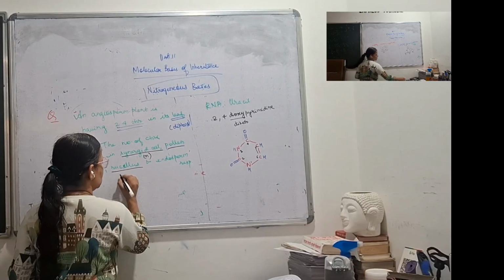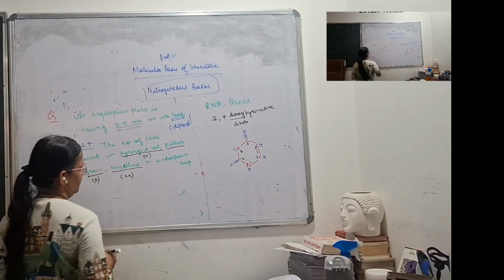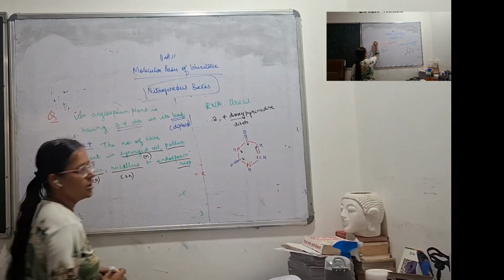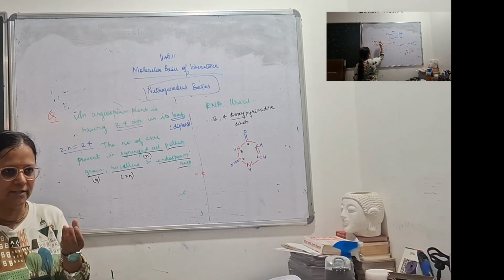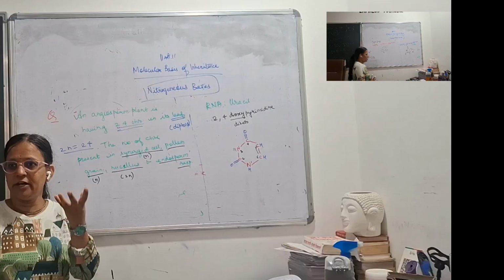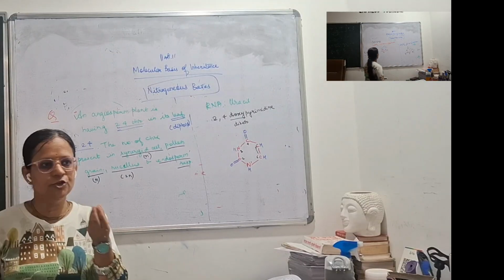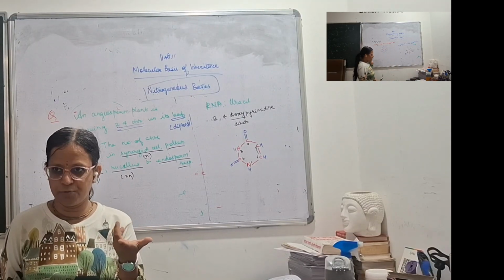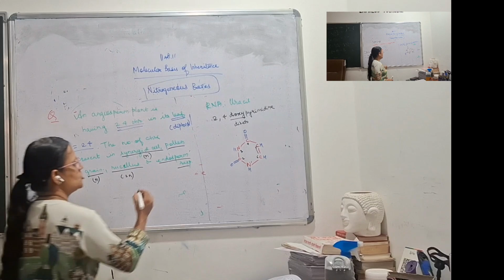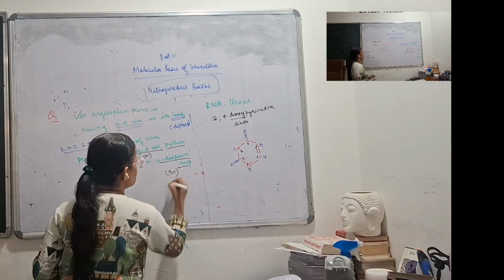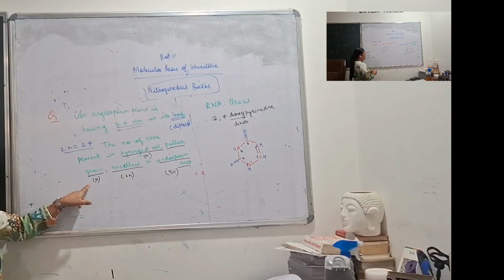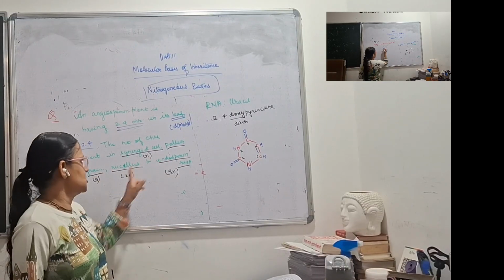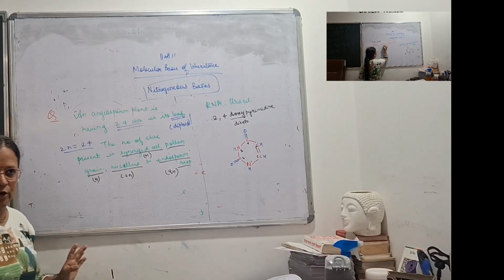Nucellus is a structure which is diploid, and endosperm, meaning what? Endosperm is the fruit part, the part which you eat. Suppose you are eating a mango, the pulp which you are eating is the endosperm, right? And endosperm is always triploid, that is 3n. So this basic knowledge you should have, that pollen grains are haploid, nucellus is diploid, endosperm is triploid.